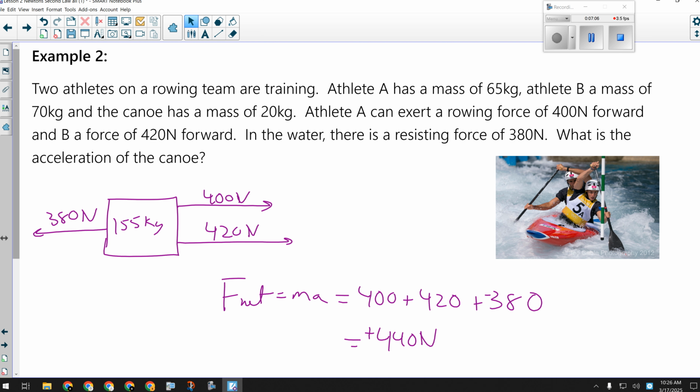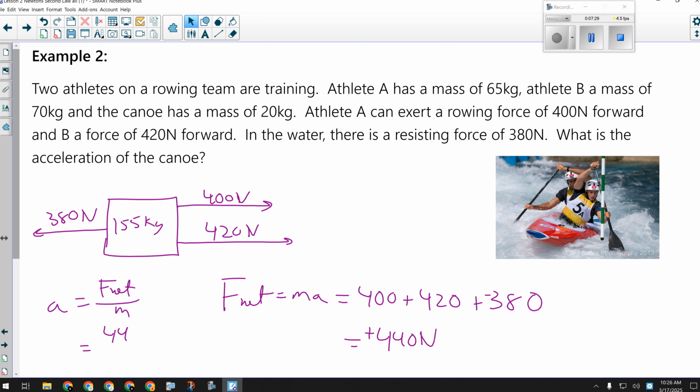All right, so now I have the net force. I did the vector sum of all forces. Last week I told you in basically every Newton's second law question you do, you will do both a vector sum of all forces calculation and an F net equals m times a calculation. You might have to manipulate it like we do in this question for a, but you're going to do one.